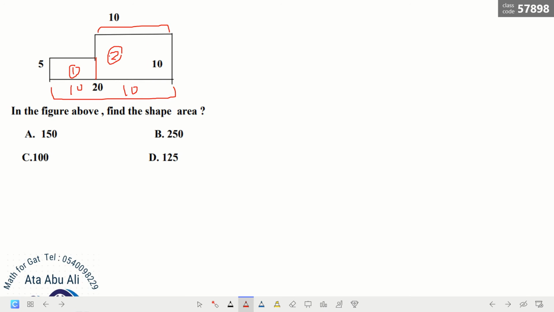So here, to find this one, I have to multiply 10 by 10, which is 100. Or you can start with Area 1, it's equal to 5 times 10, which is 50.